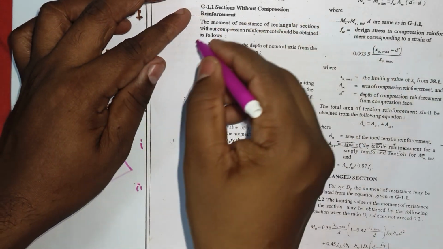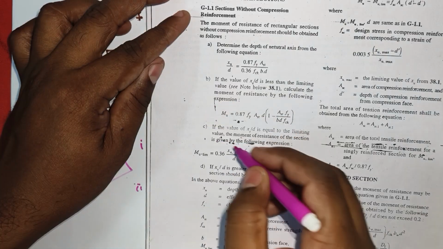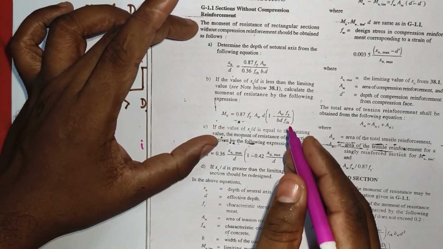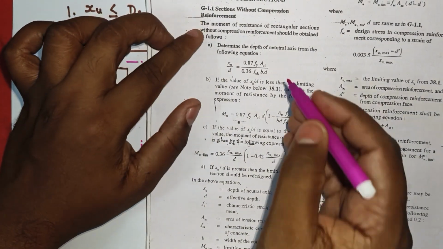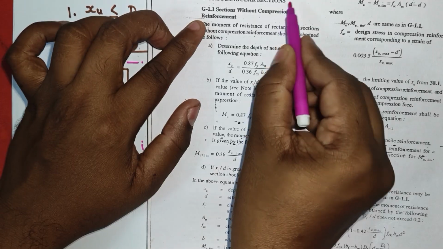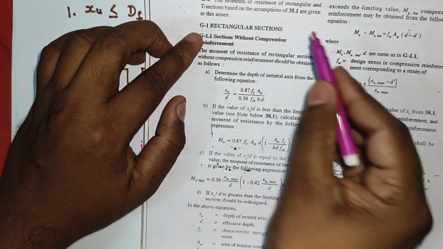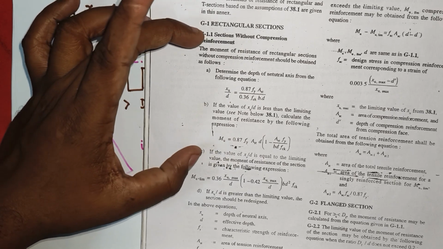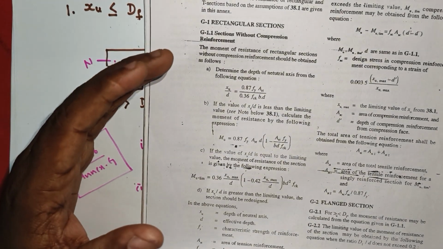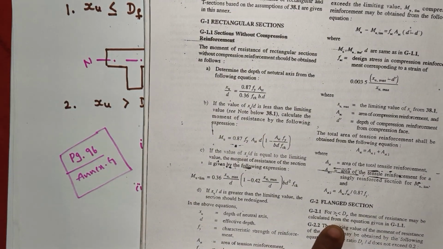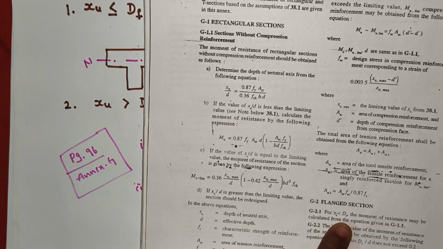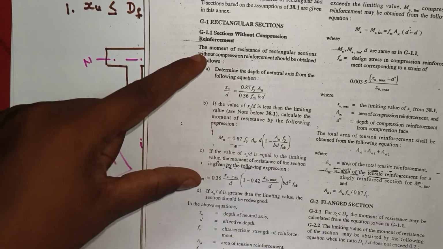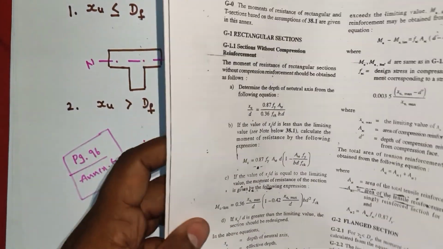Okay, these equations are similar to what we studied in the analysis of rectangular section. Same formulas we can use for flanged sections with the depth of neutral axis less than depth of the flange. What are the formulas we will learn there?